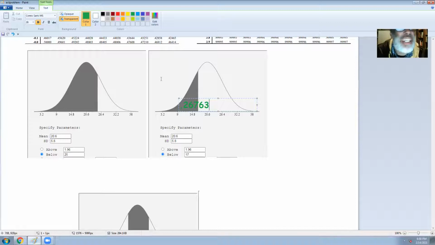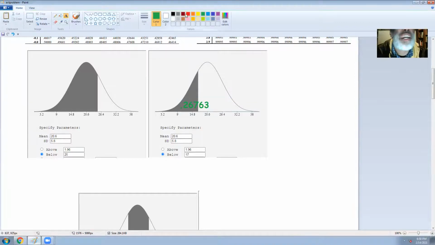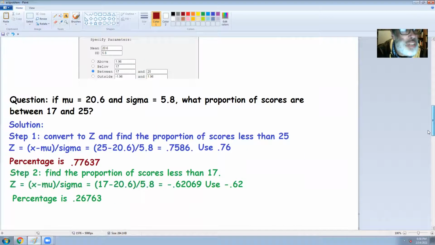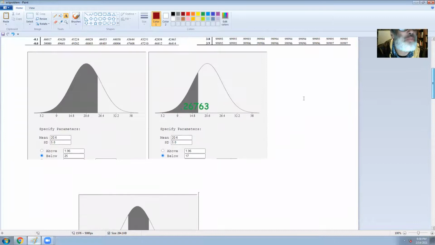This part here is in the red, or the garnet, and that's 0.77637.